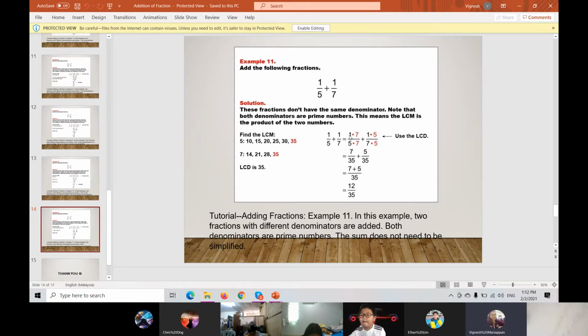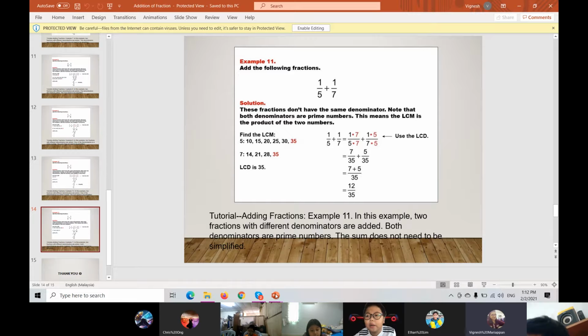Now, for the first fraction, 1 multiply 7, you should get, don't say don't know. 1 multiply 7 is equals to 7. Okay, 1 multiply 5 is equals to 7?